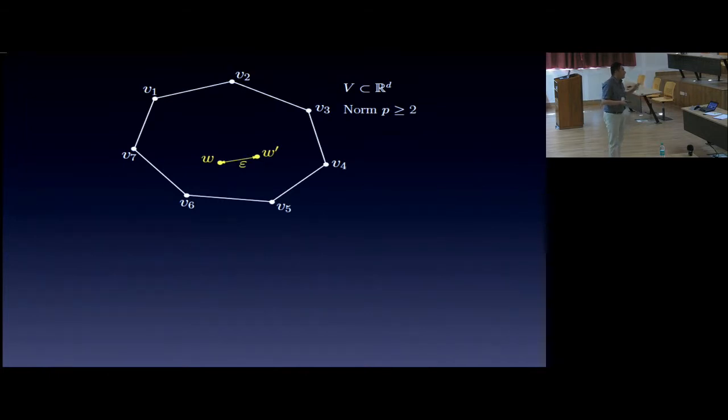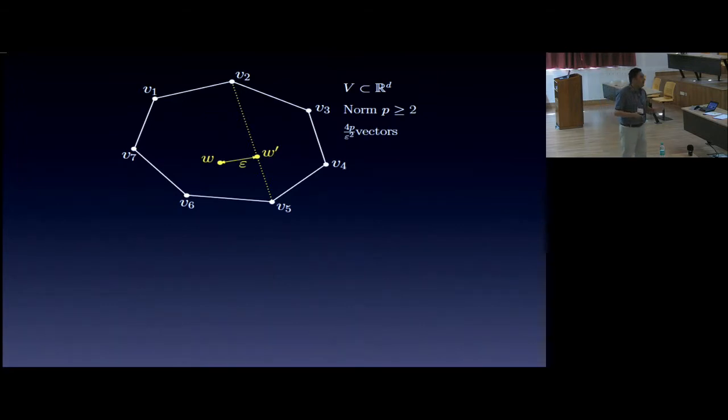Now what one can show is that for every vector w in the convex hull, there is in fact an epsilon-close vector, epsilon-close in this p norm, such that this w prime requires only 4p over epsilon square vi's to be expressed as a convex combination.